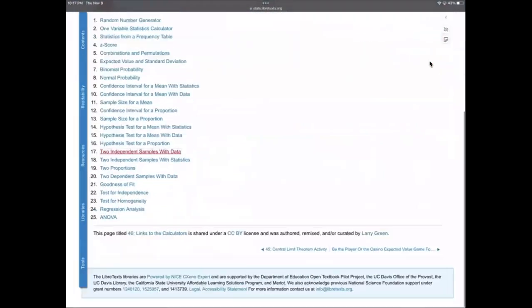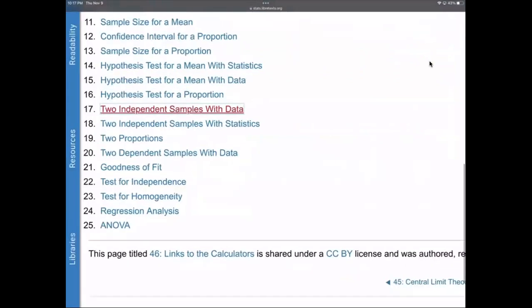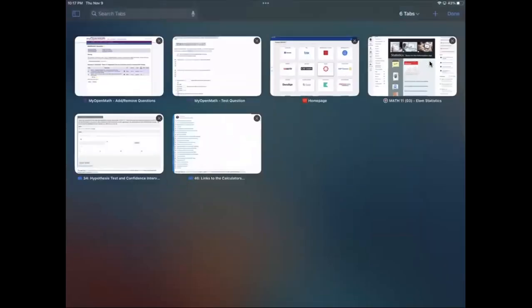See it down there, number 20, two dependent samples with data. So choose number 20, I already have.